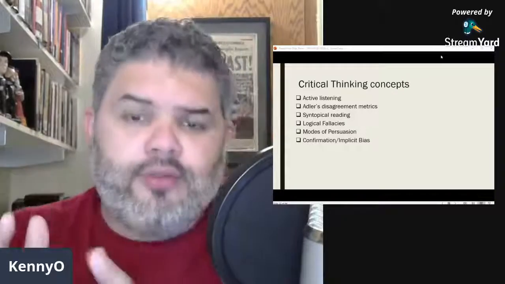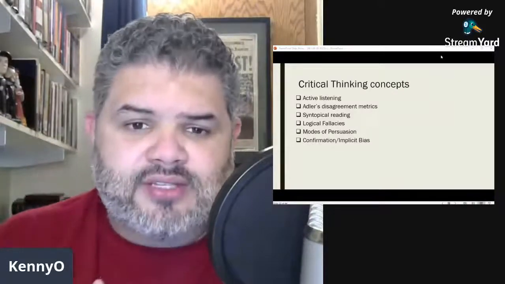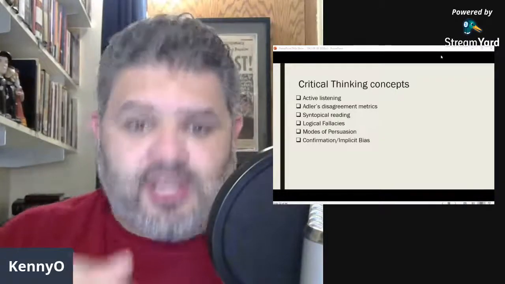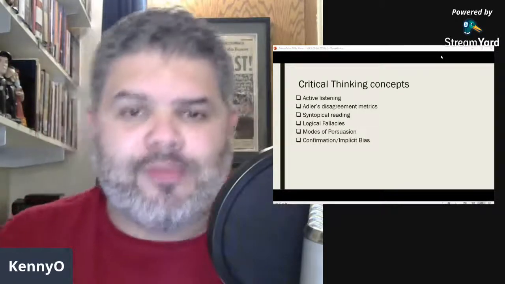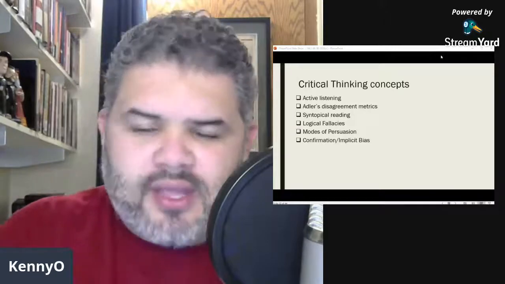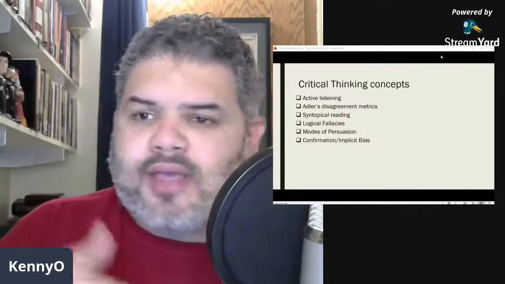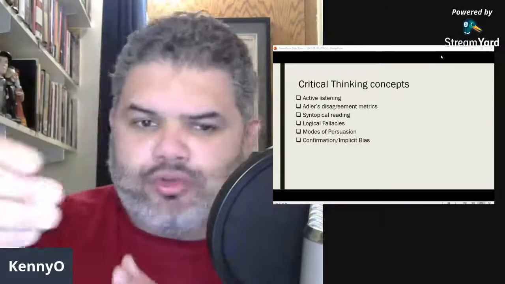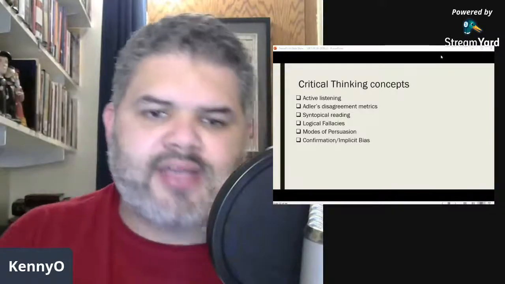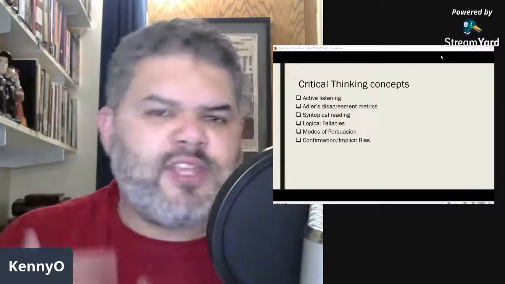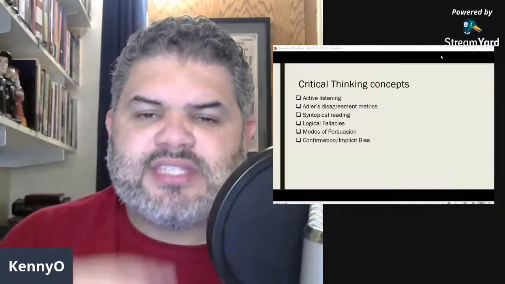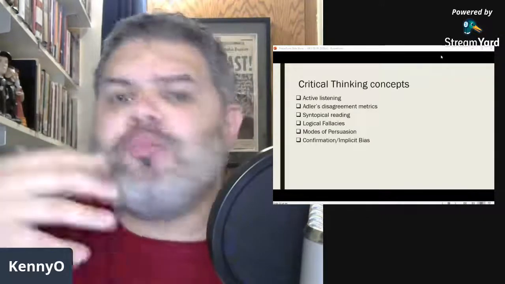You could say that the reason why this evidence is flawed is because it's illogical, and you could point out which logical fallacy that argument is committing. Or you could explain how this piece of evidence is rooted in groupthink or implicit bias. Or you can show how this particular evidence is seen to be faulty when you practice active listening.